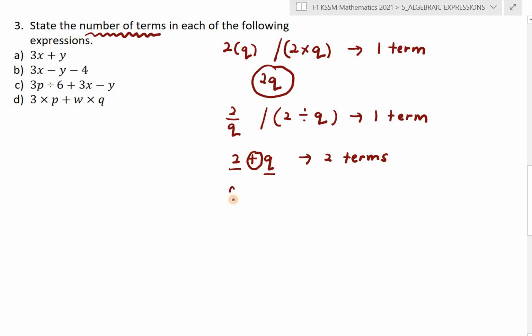Let's say we have Q minus 2. Q minus 2 is also 2 terms, because Q is one term and 2 is another term. So simply put, if there is addition or subtraction, we consider it as another, different term. But if it is combined through multiplication and division, it is considered as one term only. I hope you understand this part.